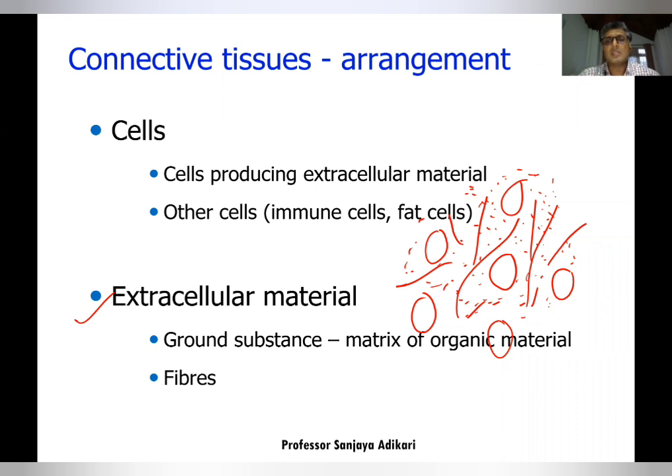Okay. Now, one easy way to understand the general arrangement of connective tissues is to recall how you make a cement mixture and use it to build a concrete slab. Now, what you do is, you mix cement, then sand and gravel.